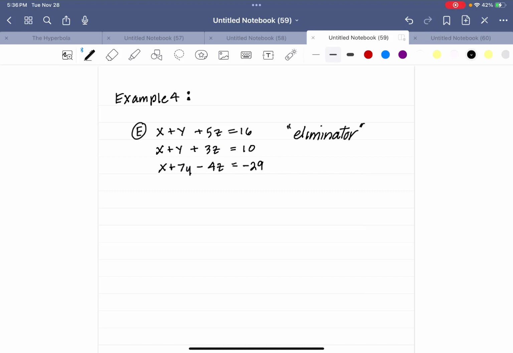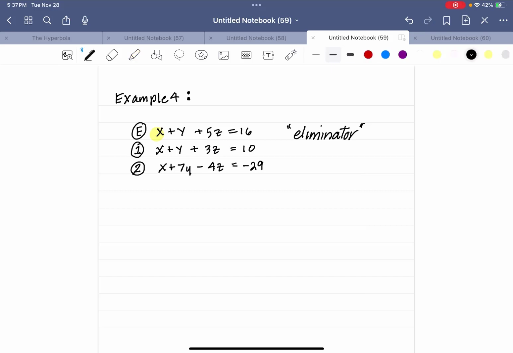So I'm going to use that equation with both of these, number 1 and number 2. To track what you're doing, and so I can help you and follow it, label one of them with an E and the other ones with a 1 and a 2. It's your choice, except typically you want to choose your eliminator to have a coefficient of 1 in one of the equations because it makes it easy to eliminate.